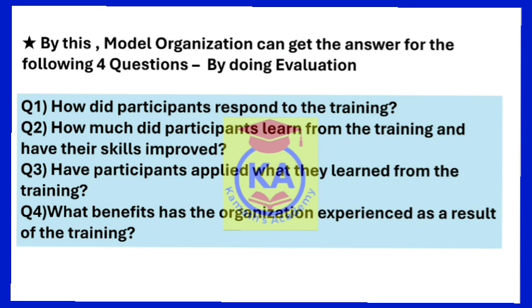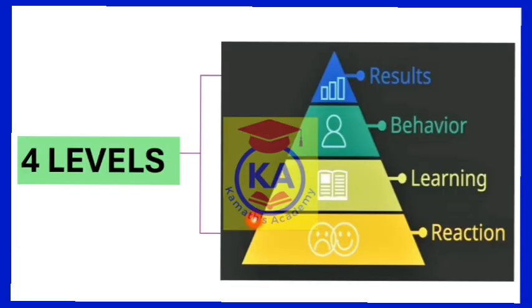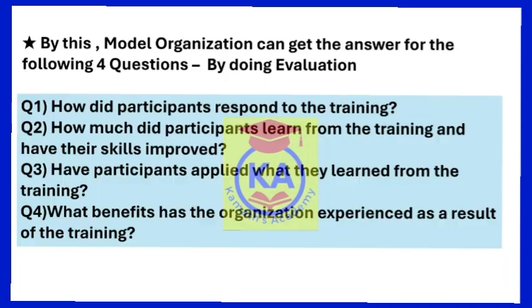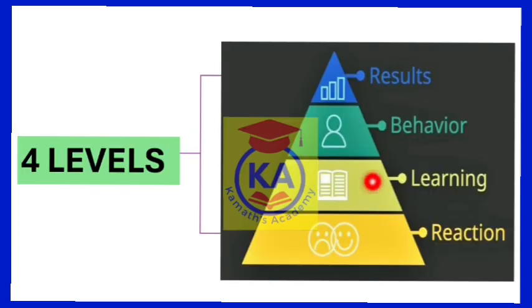What are the 4 questions for which the organization can get answers by adopting the Kirkpatrick model? The first question: how did participants respond to the training? That is the first level, reaction. The second question: how much did participants learn from training and have their skills improved? That is the second level, learning.